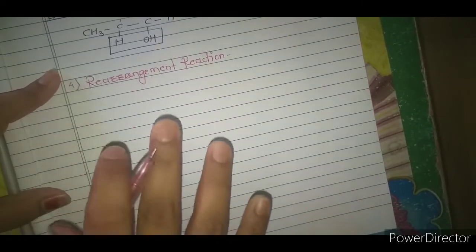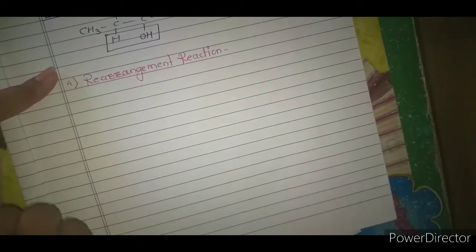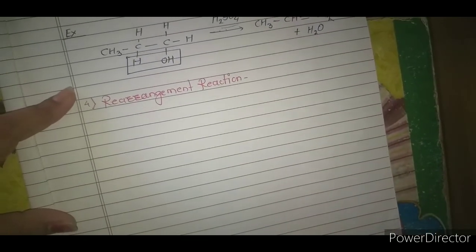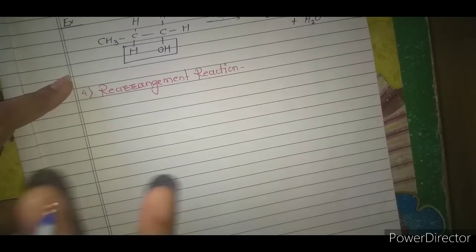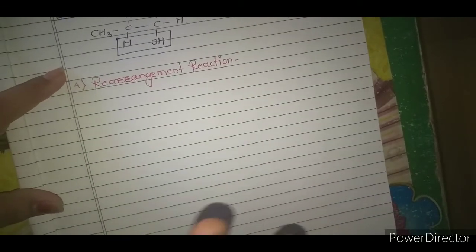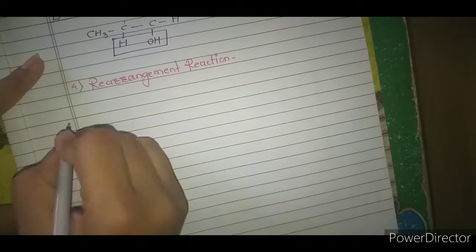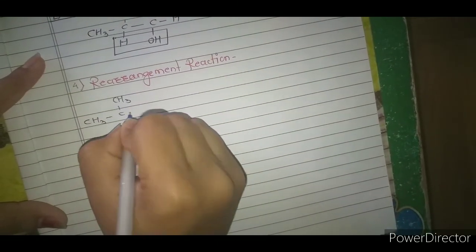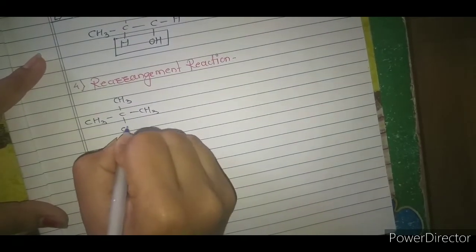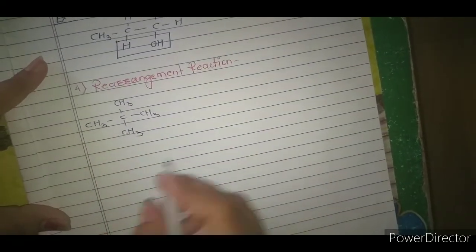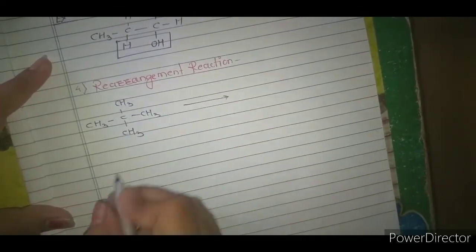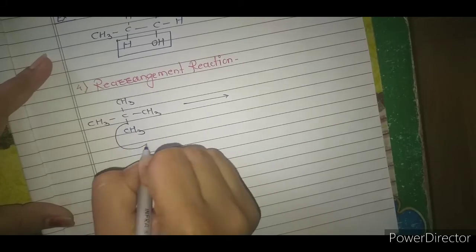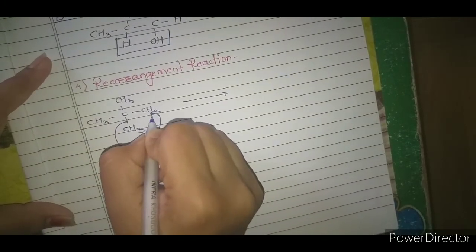The rearrangement of the molecule takes place, also called the shifting of the molecule. So take an example of rearrangement reaction. Okay. So in this rearrangement reaction, the molecule is shifted or rearranged.